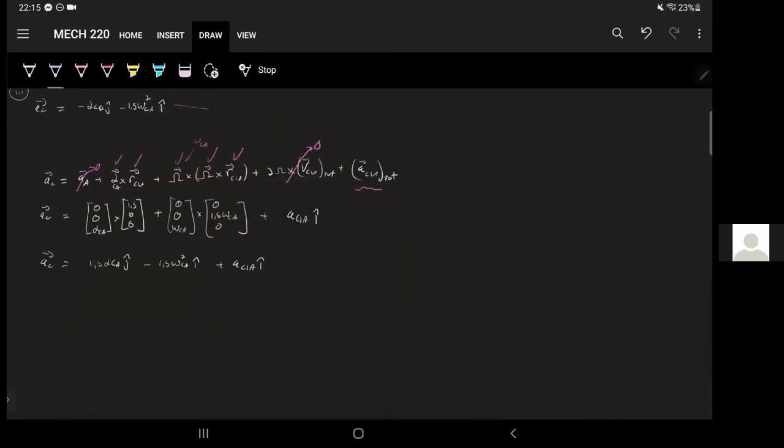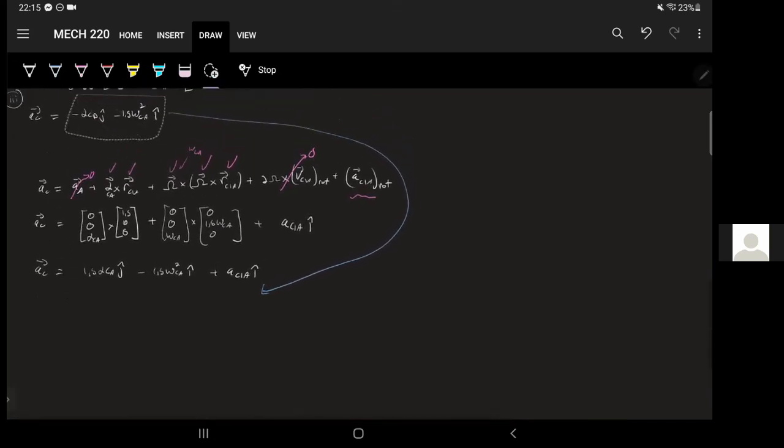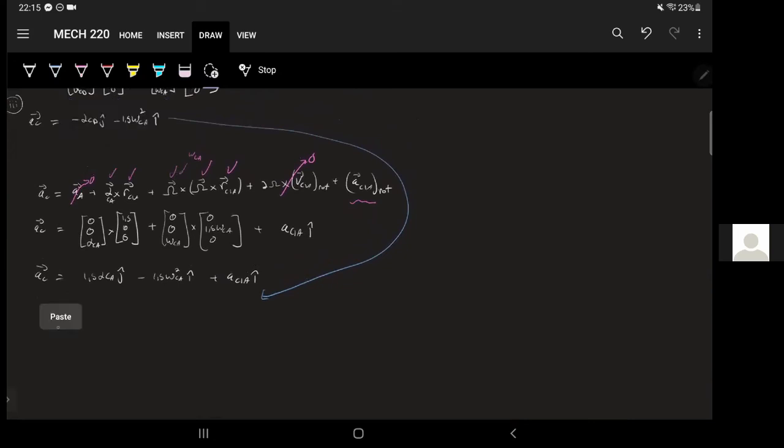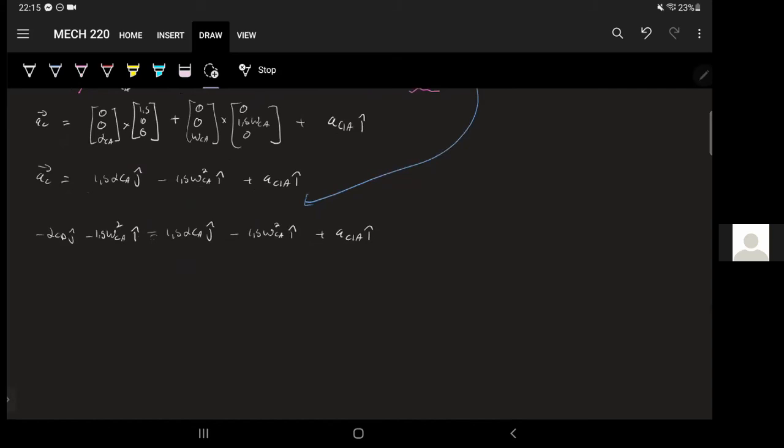We go back to this one here, bring it down here, so we will have this equals this here. Therefore, if we equate, we know in this equation what alpha CA is. We know what this is. We know what this is.